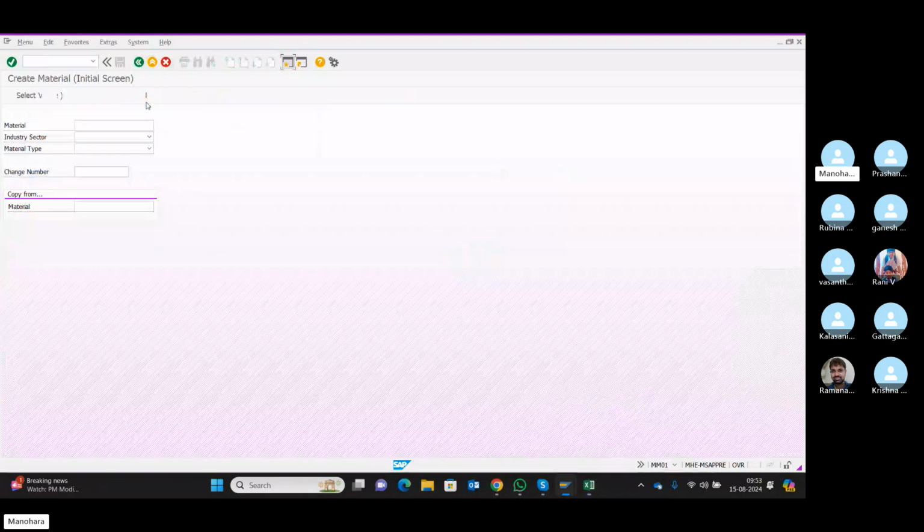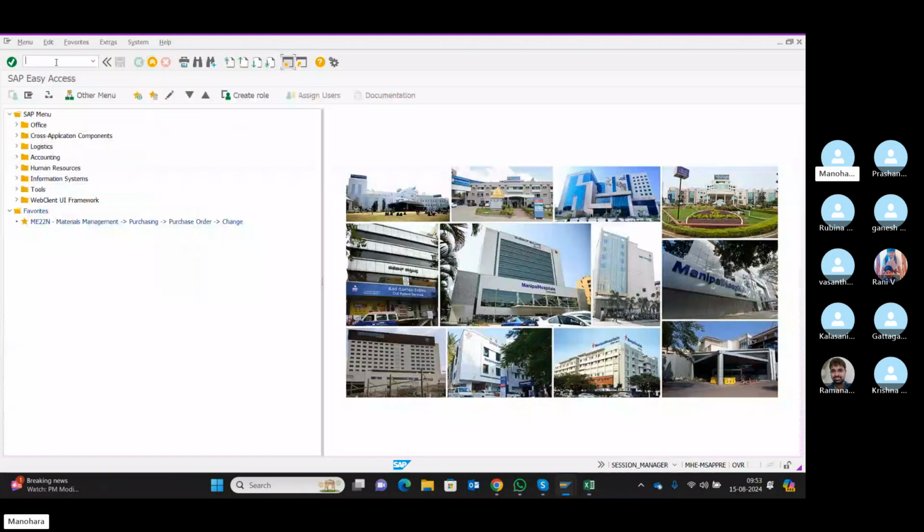MM03, display. This is a material, this is my plant, and the purchase organization, everything I will give. So where can I give the profit center? Here you see the profit center, right?